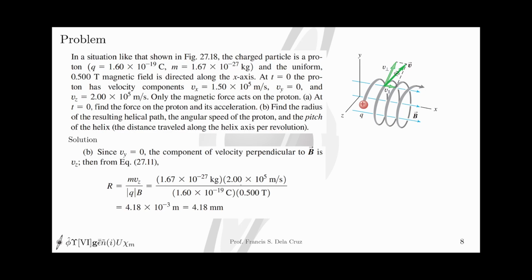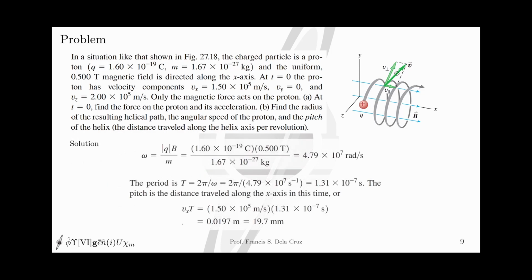And then next, we need to know what would be the pitch, the distance between two successive revolutions. From our angular speed, we're going to get the period. Once we get the angular speed, or the angular frequency, since it has a relationship with the period, we can also extract the period.